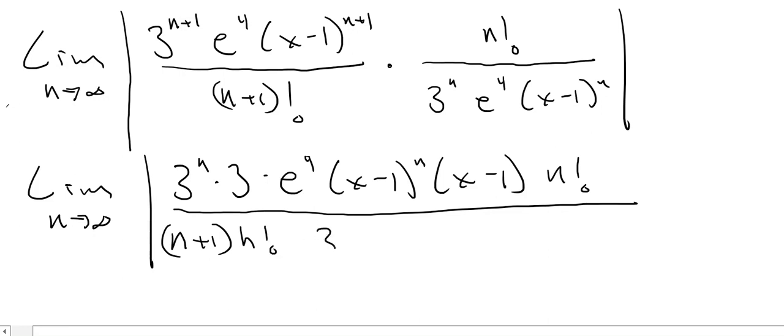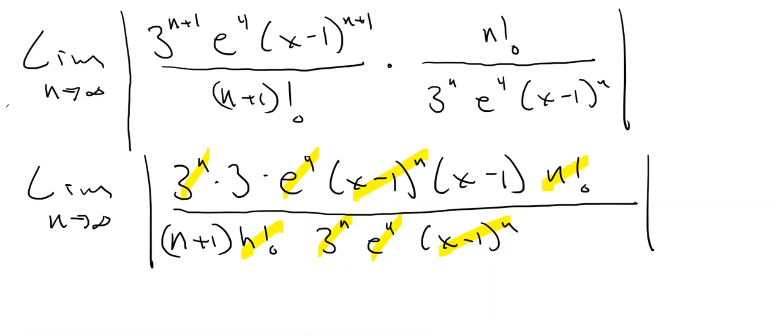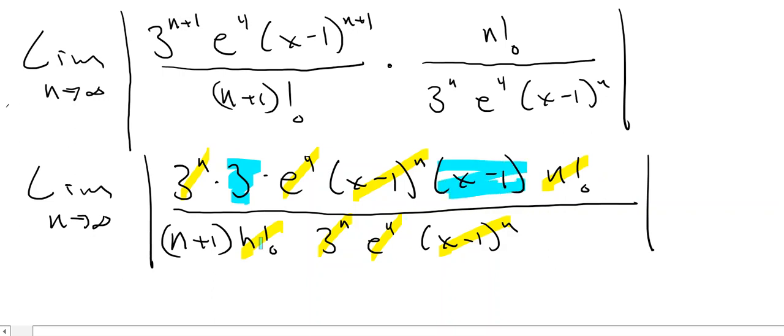And then in the second fraction, we have 3 to the n, e to the 4th, and x minus 1 to the n. And so a lot of stuff's going to cancel out. 3 to the n cancels with 3 to the n. e to the 4th cancels with e to the 4th. x minus 1 to the n, those cancel out. The n factorials cancel out. So what I'm left with is 3 times x minus 1 over n plus 1.